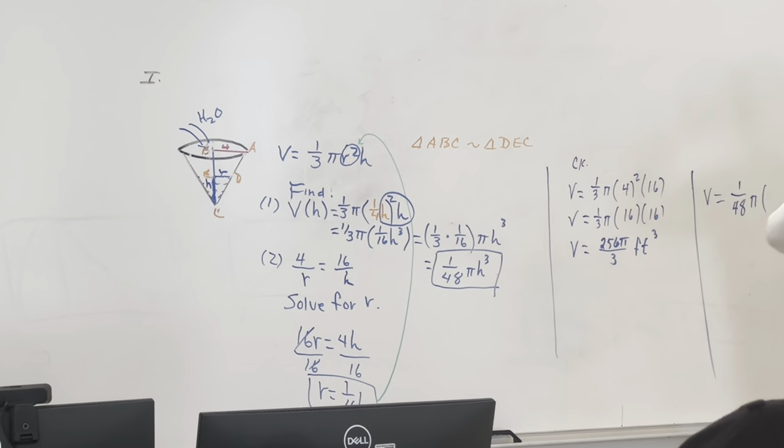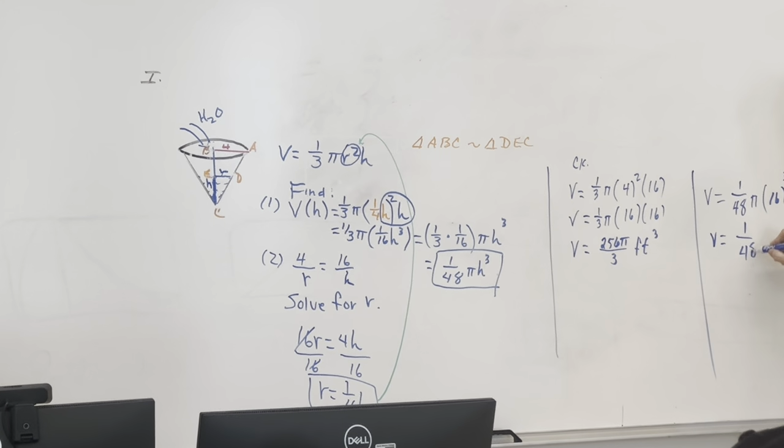And what was the h if it's completely full? 16. And guys, if I do this, help me out here, volume of which this is being cubed. You got 1 over 48 pi, I hope this works out, 16 cubed, oh boy, 16 times 16 times 16.